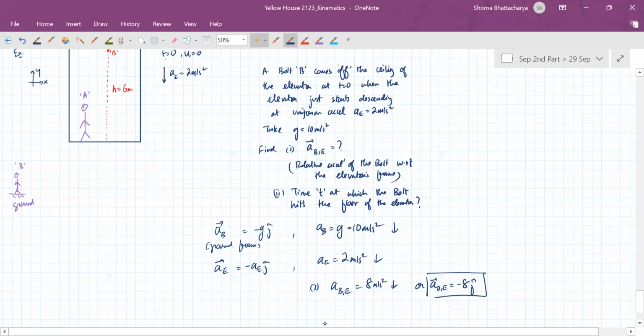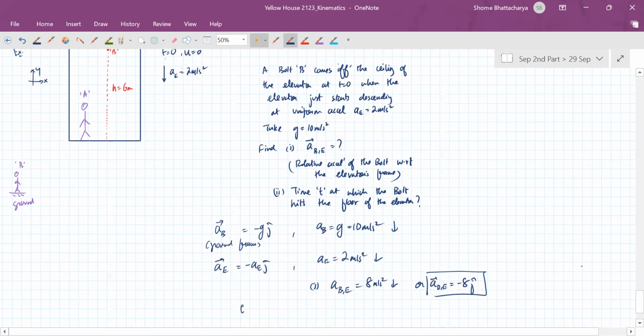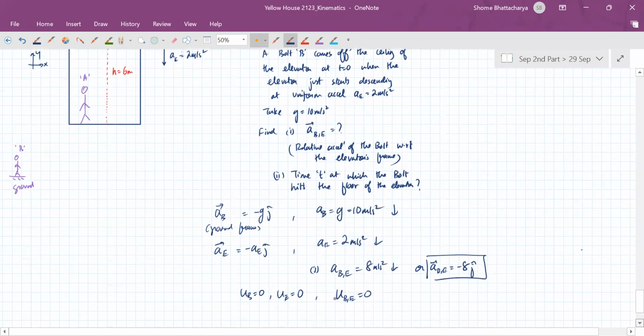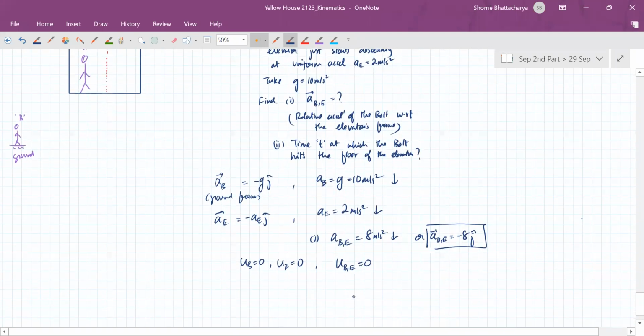Now the initial velocity of the bolt is also zero. The initial velocity of the elevator is also zero. So the initial velocity of the bolt with respect to the elevator is zero. So displacement of the bolt with respect to the elevator will be half into 8 into t square downward.